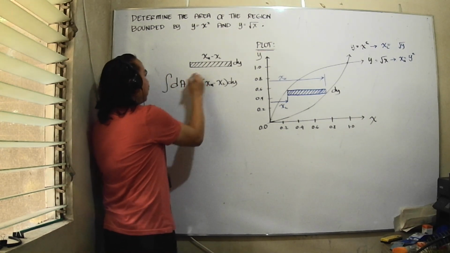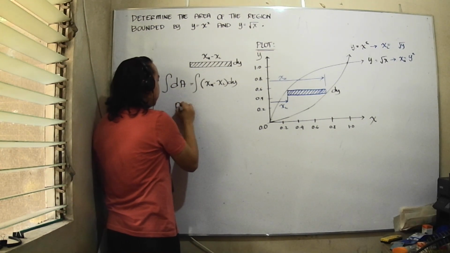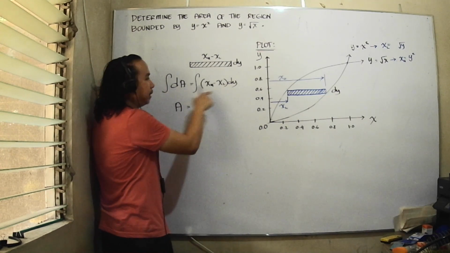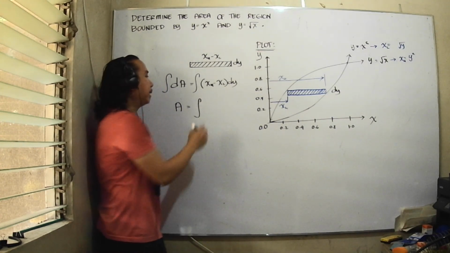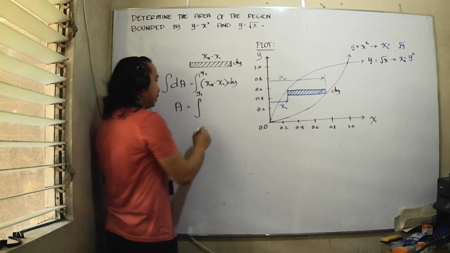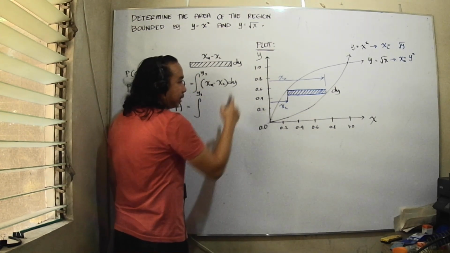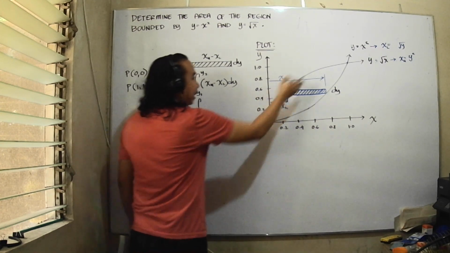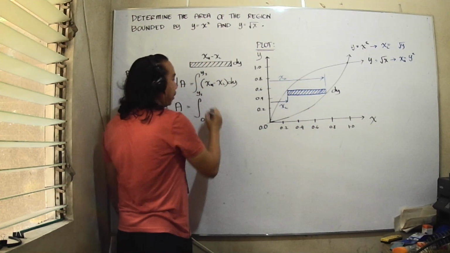Integrating this, we will have the integral, and we're integrating in terms of y, so y1 to y2. Where are we starting? 0. Where do we end the integration? Upper limit 1. Okay?